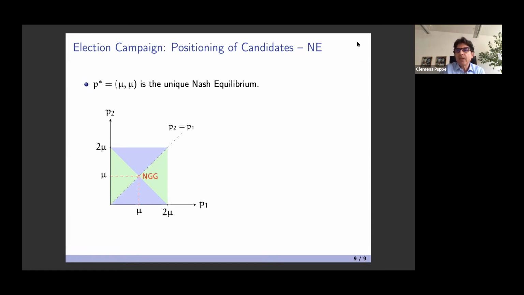So you could, of course, argue, yes, but your model assumed that for the candidates, all that counts is whether they come to office or not. They don't have their own position. They don't have a political vision or so. But yes, that's true, and that would alter the results.